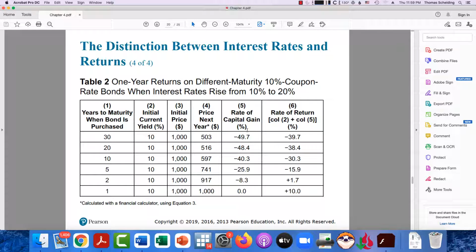And then assuming, and this is a big assumption, assuming that the yield stays constant, which we wouldn't expect it to do, then if I bought this $1,000 bond, which is what's given to us by column 3, then what column 4 is telling us is what should be the price of that $1,000 bond next year.